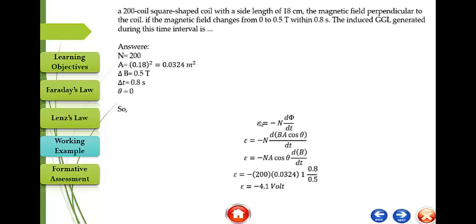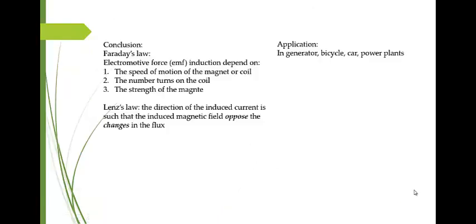Then we use the Faraday formula. In this case, only the magnetic field and time change, so the formula we use is dB divided by dt, and we get the value of the induced electromotive force is 4.1 volt, and we don't have a direction because there is no direction known from the equation.